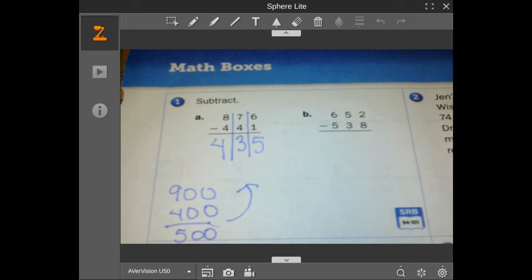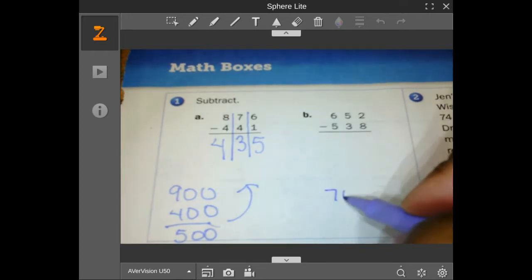Let's look at B. 652 minus 538. The first thing I'm going to do is make an estimate. This time I'm going to start with my estimate. 652 is pretty close to 700.